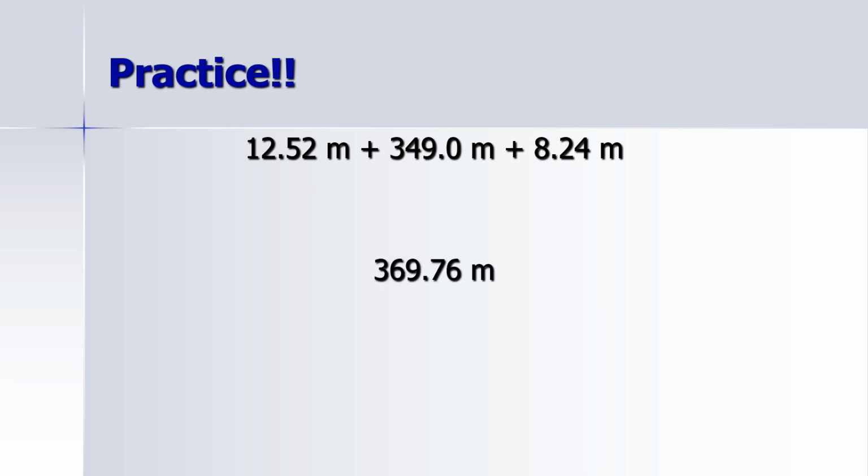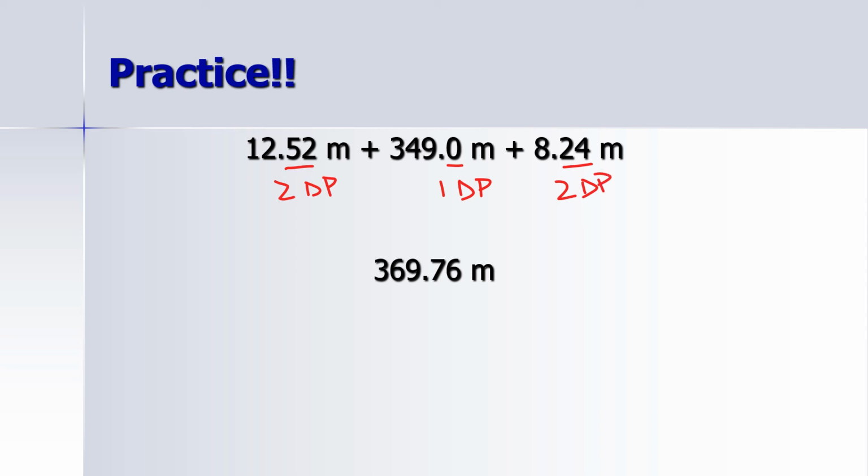Now we have to go ahead and find the decimal places in all of our numbers in the question. The first number has 2 decimal places. Okay, 2 digits after the decimal. The second number has 1 decimal place. And then the last number has 2 decimal places again.